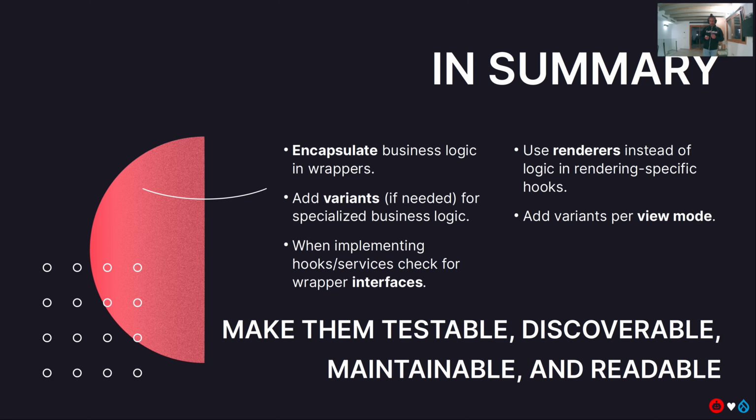And finally, we talk about the concept of renderers, which are a specific type of wrapper, a sibling of wrappers, that use those concepts for render-specific business logic, because that is so common and it's so much easier to deal with just renderers than to glob everything inside of the entity wrapper, and use variants for renderers using view modes. So the goal is to make your entity business logic more testable, discoverable, maintainable, and readable.